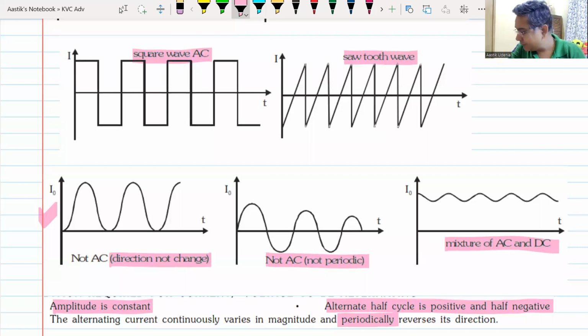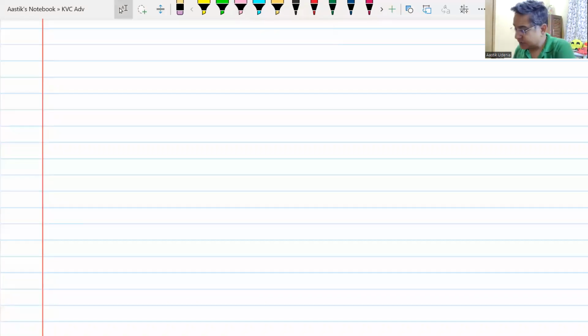Then we move ahead and see the various terms that are going to come in this chapter. Now, whatever alternating current or alternating voltage we are going to deal with, most likely it is going to be in the form of a sine or a cos wave.